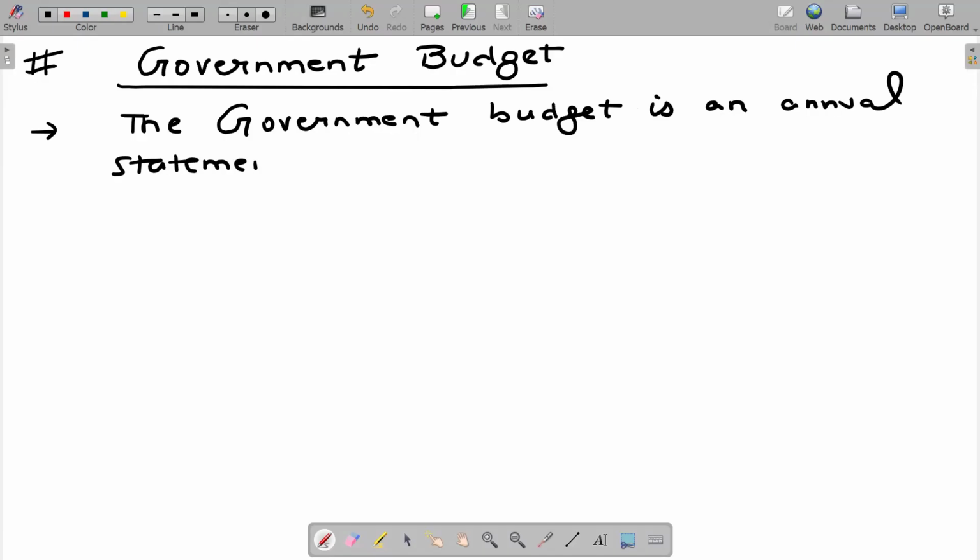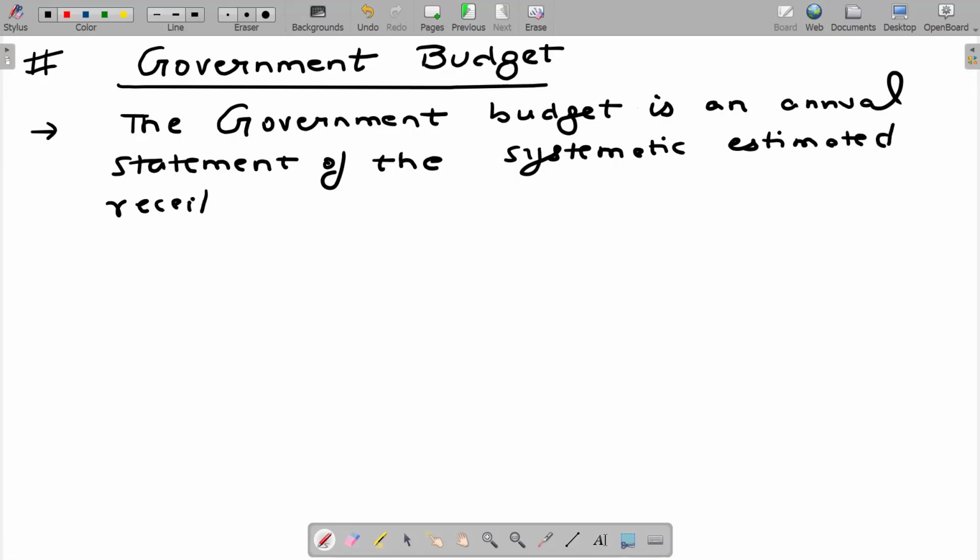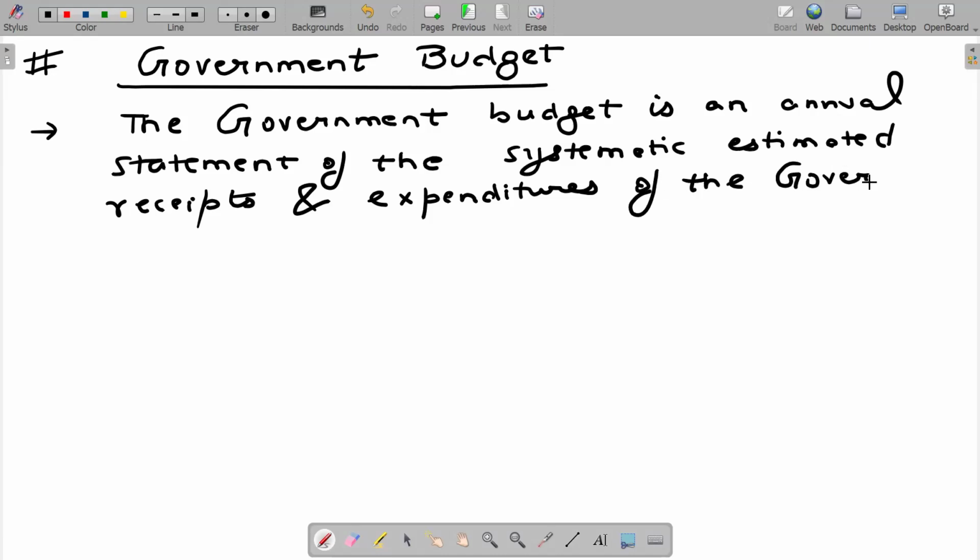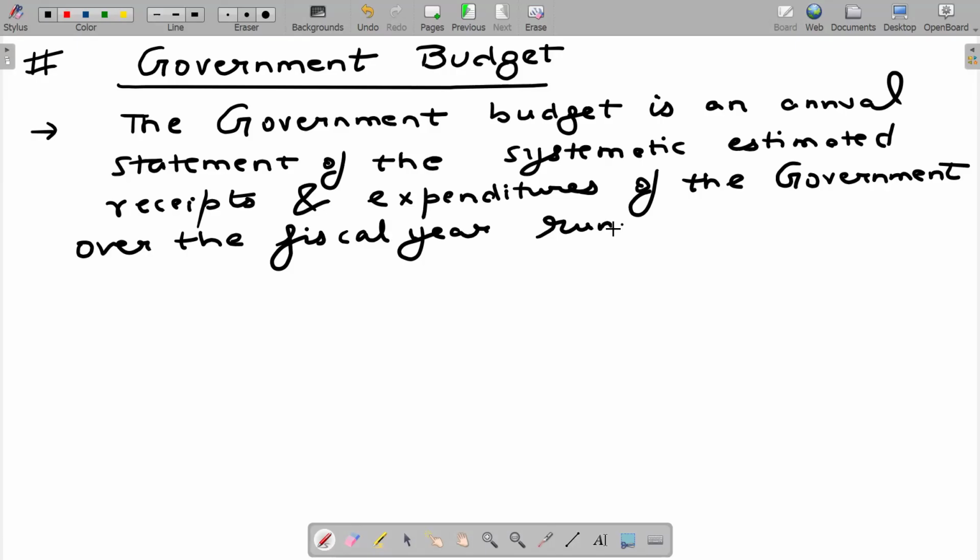It is an annual statement of the systematic estimated receipts and expenditures of the government over the fiscal year running from 1st April to 31st March.